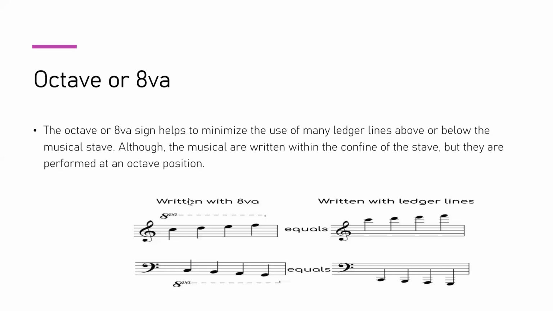Now look at the way octave is denoted. We use 8 apostrophe VA. And when you have this at the beginning of any note, you are going to see some broken lines. It will spread to the point you want it to get to.